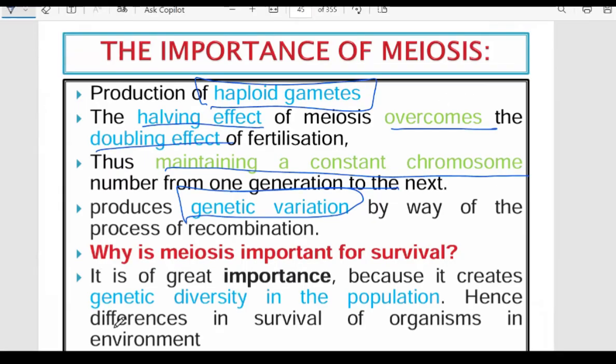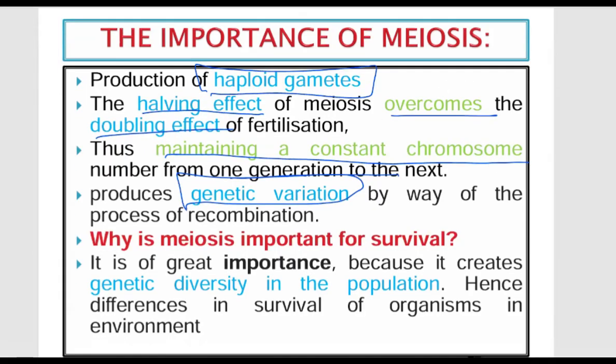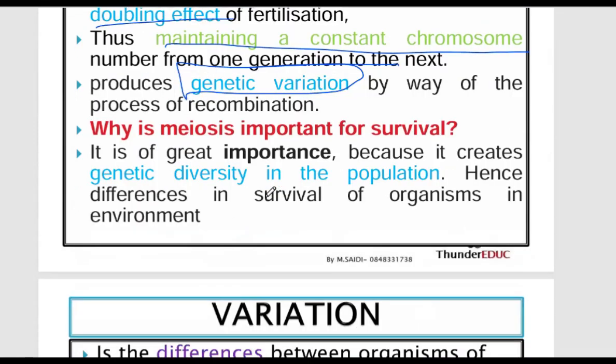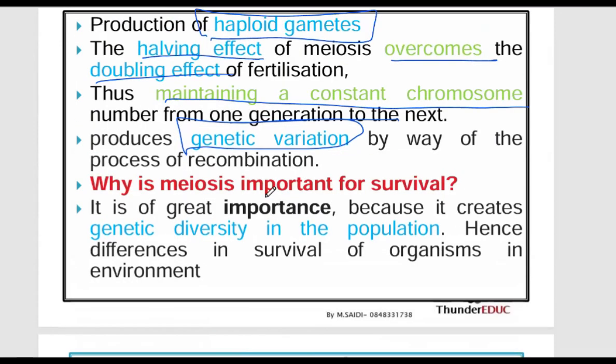That is very, very important. You have to know that it causes genetic variation. Those are the major functions of meiosis: haploid gametes, genetic variation, and maintaining the chromosome number from generation to generation.